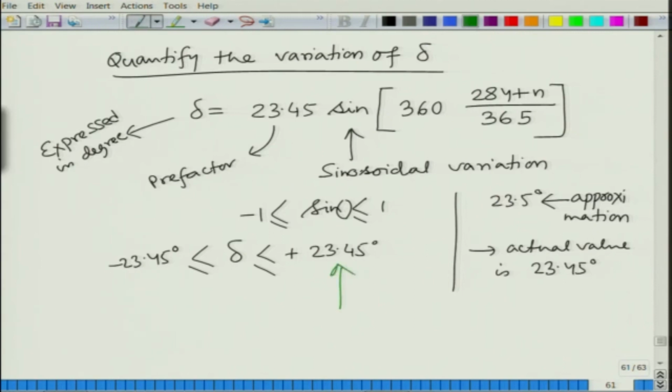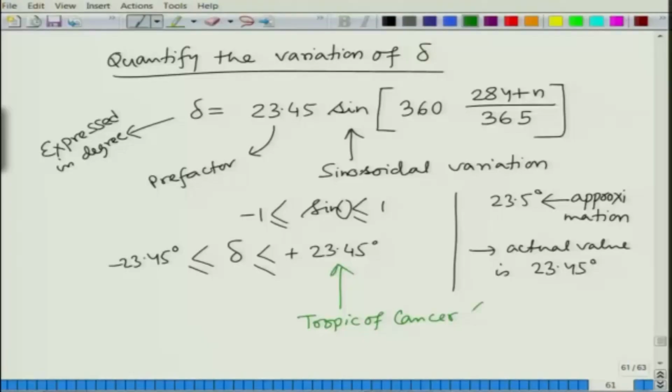This means the Tropic of Cancer. This is the limit of the sun rays radiating normally if you go away from the equator towards the north pole.